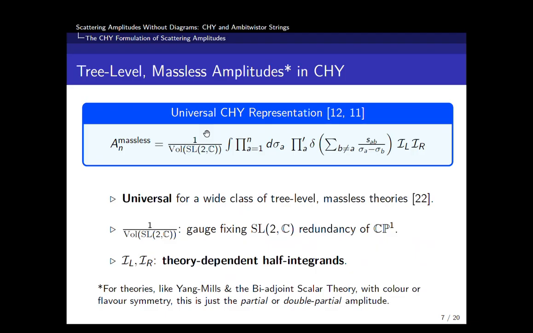You pick a basis for your kinematic invariants, because you can't use all of them as you have momentum conservation constraints. Then when you pick this positive region, all your solutions to the scattering equations will be real. And then you're tasked with actually solving these polynomial equations.